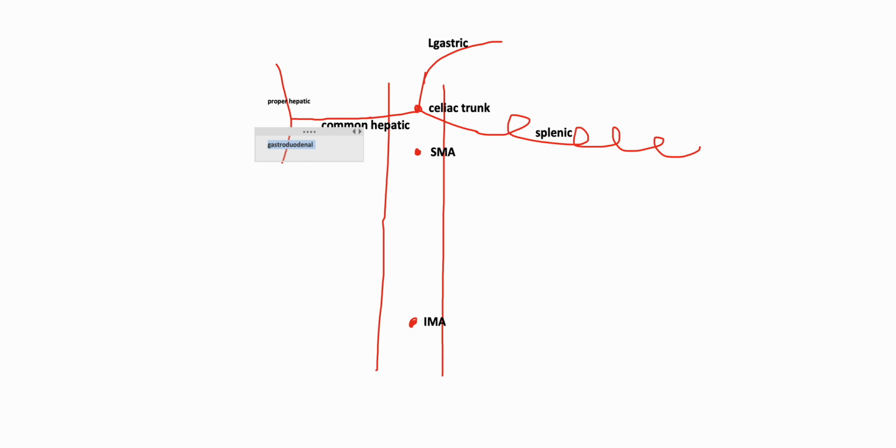Okay. The proper hepatic will bifurcate, like so, into right and left hepatic arteries. And the right hepatic artery will give an important branch to the gallbladder, shown here, called the cystic artery.